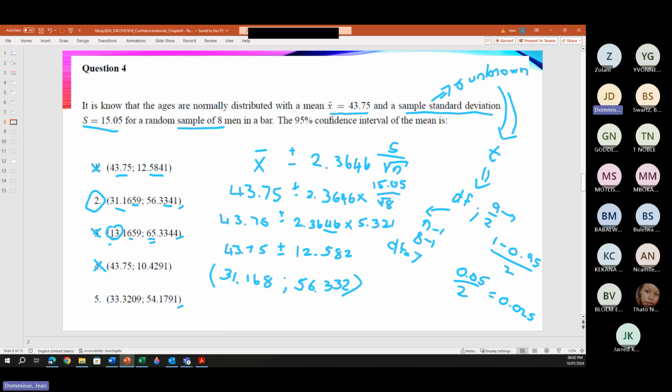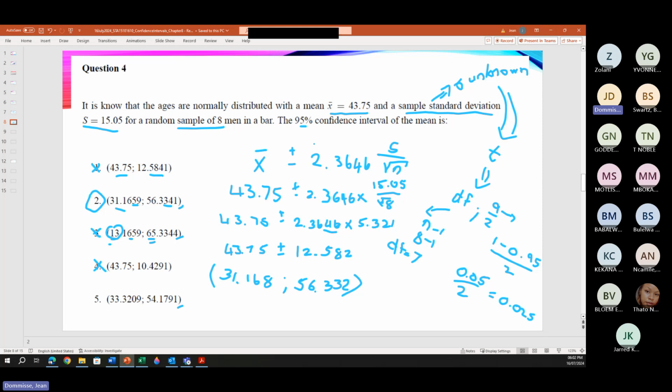I just want to check if we used the 95% as a Z. I just want to see if they actually have the option for us. So then it would have been 1.96 instead of 2.3646.